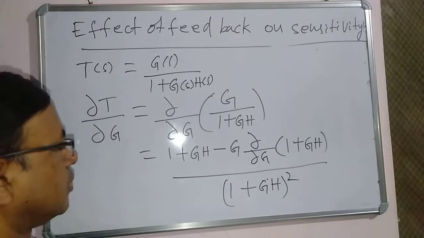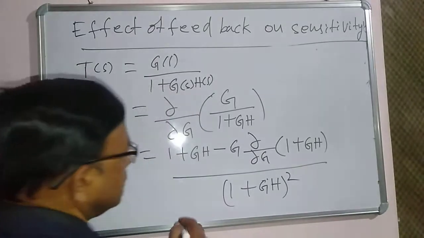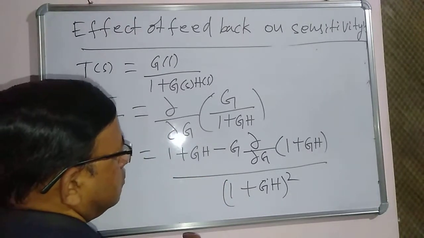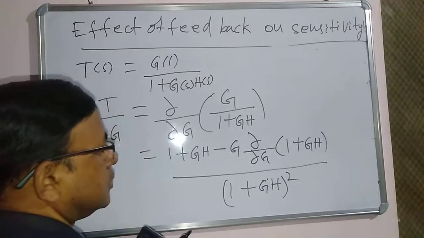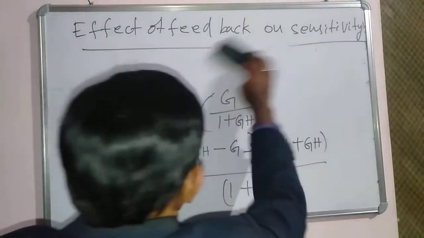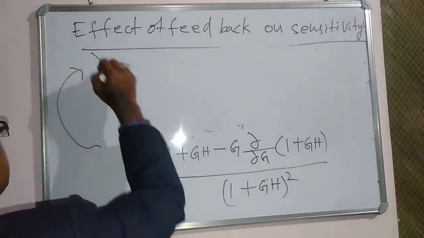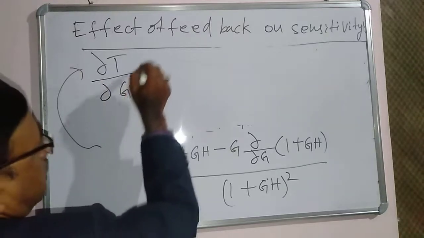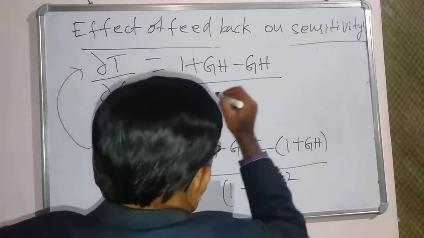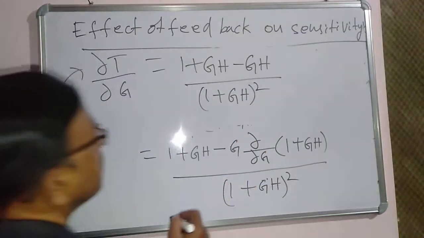This is the simple derivative I have taken with respect to G. Therefore ∂T/∂G is equal to (1+GH minus GH) divided by (1+GH) whole square.